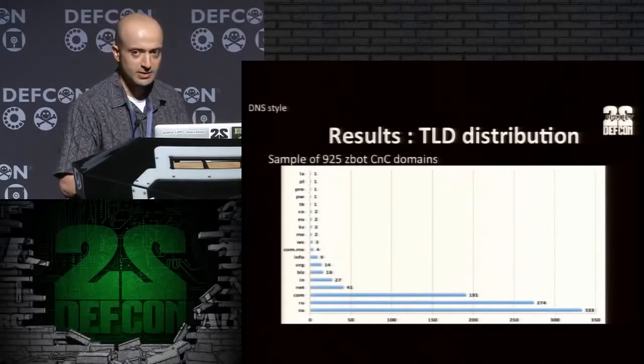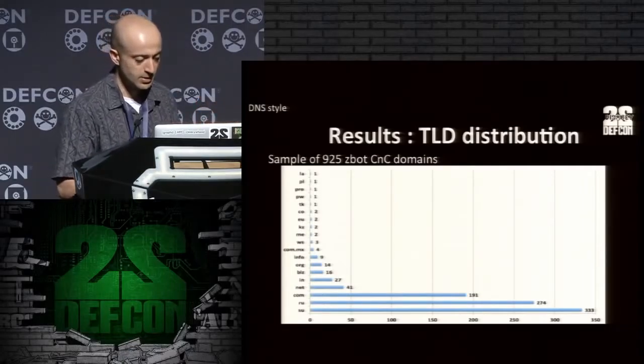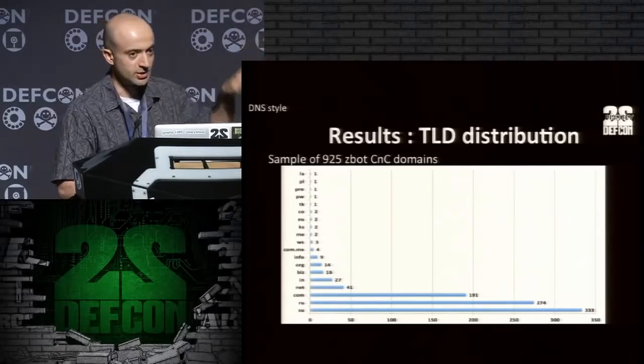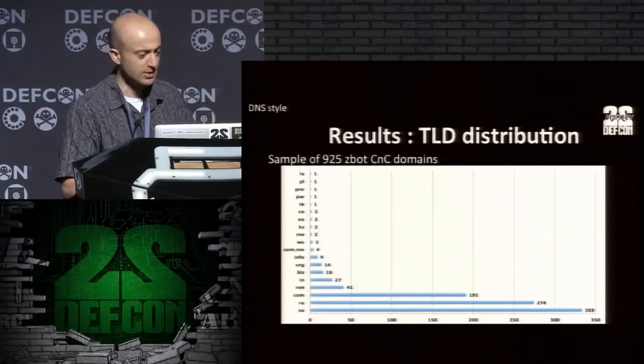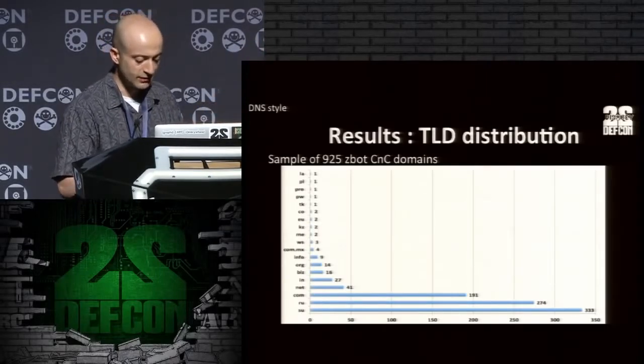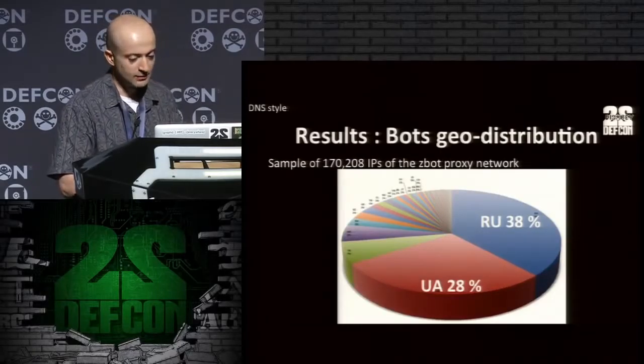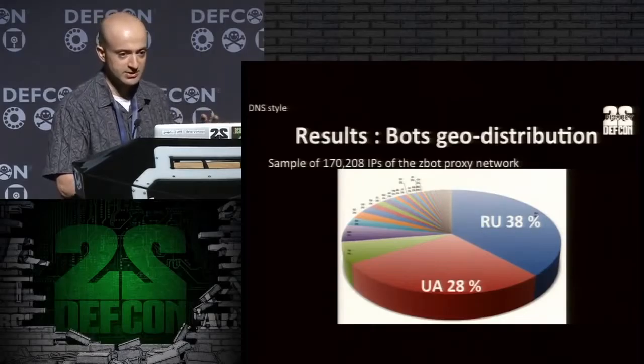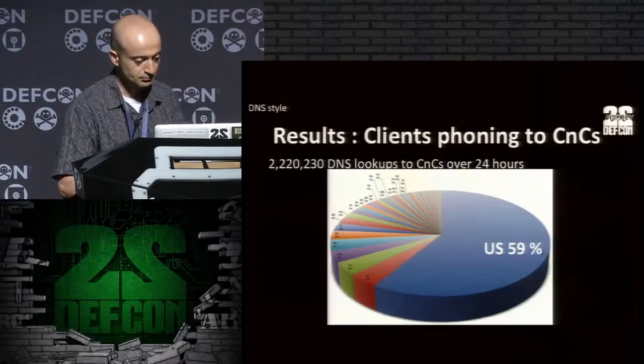Now, let's look at the domains and their structure, or where they come from. So they are abusing mostly .ru and .su, so this is another indicator about the origin, the geographical location of the actors, I would say. And then if you look at the bots, where are they located, you'll see them mainly in Russia and Ukraine. So again, this is an Eastern European operation to some extent.